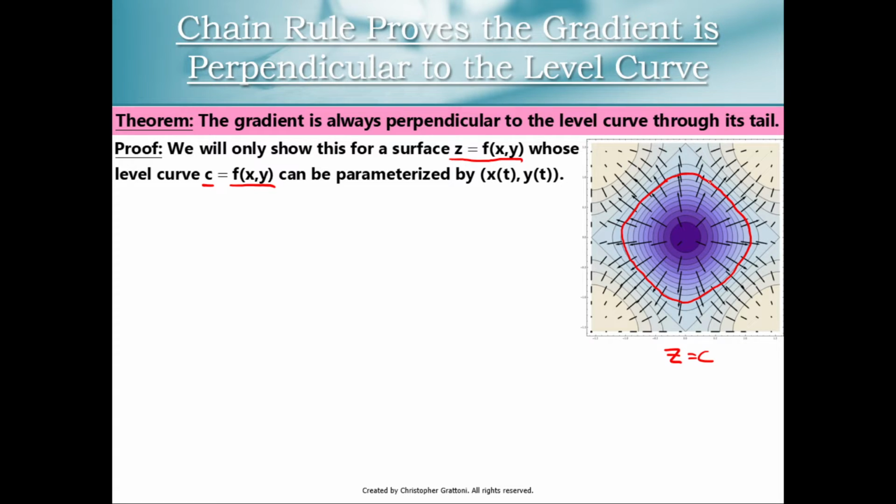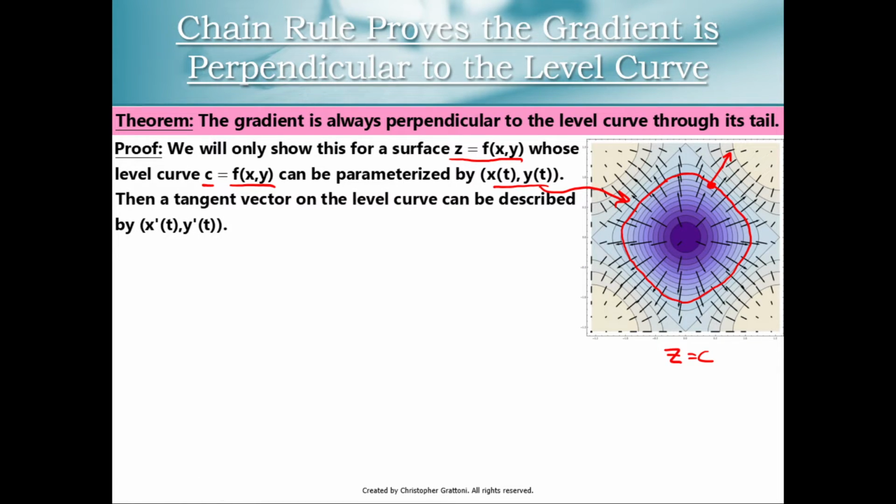And what we're going to prove is that that level curve is perpendicular to any gradient vector whose tail is on that curve. Okay, well, let's suppose that I can parameterize this level curve as some x of t, y of t. Well, then a tangent vector on our level curve, if the level curve is parameterized as x of t, y of t, the tangent vector would be x prime of t, y prime of t, right here.